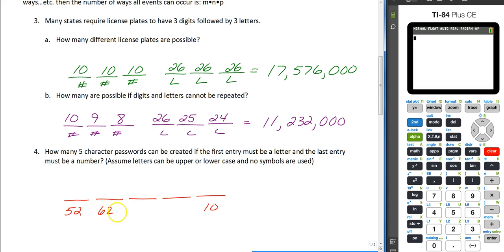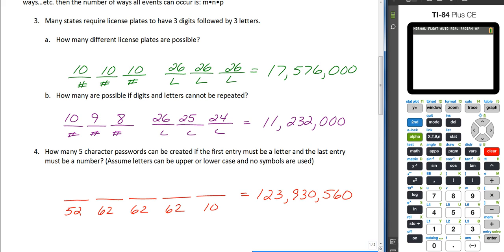So we actually have 62 options for the 3 middle characters. So that we would just multiply all of those together, and you would end up with 123,930,560 different passwords you can use just on 5 characters if you don't allow any symbols.